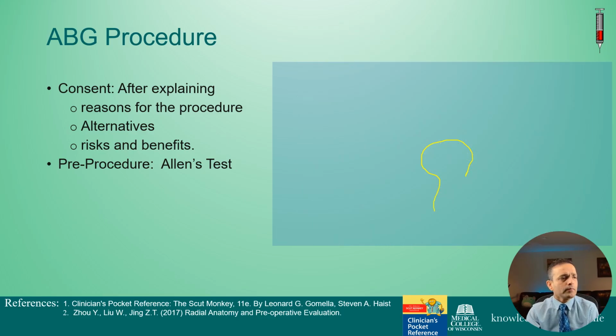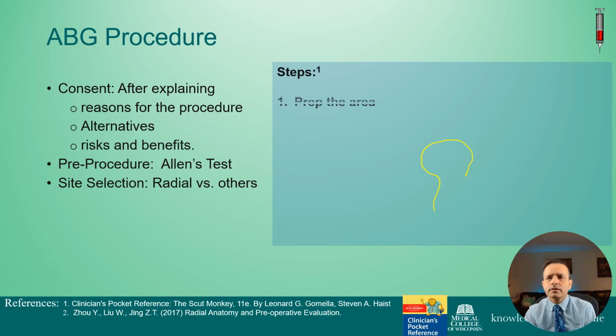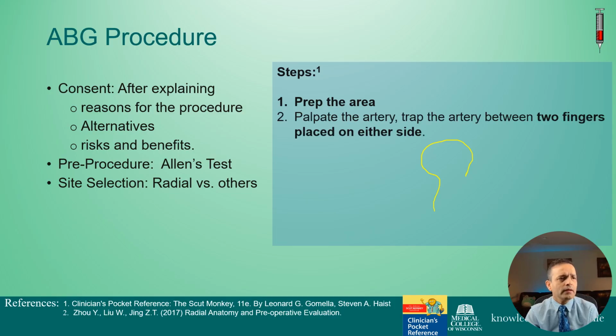So site selection, radial versus others. So typically we use radial as a side, and very rarely we also use femoral. So in terms of steps, step 1, you would like to prep the area, you'd like to clean, then you palpate the area, and then you trap the artery between two fingers placed on either side so that it does not move.